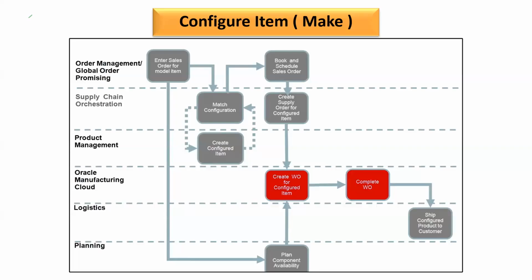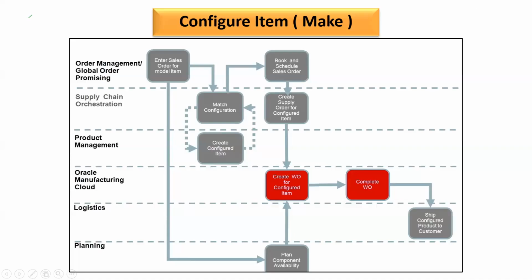I want 4 airbags, 4 power windows, back AC, or maybe some stickering or color change, alloy wheels. So you are customizing whatever product the supplier is selling. That means you are configuring. Based on your configuration, I will start the production. That is what configure to order is.